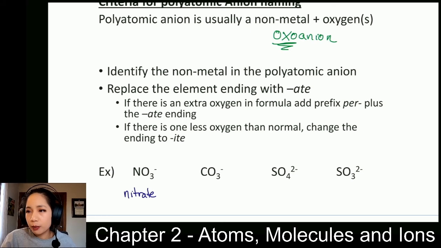And so when we put the ate in there, it turns the name into an oxoanion. And then some notes here. If there's an extra oxygen in the formula, typically we put a prefix such as per in front of the name. And then if there's one less oxygen than normal, then typically the ate ending becomes ite.